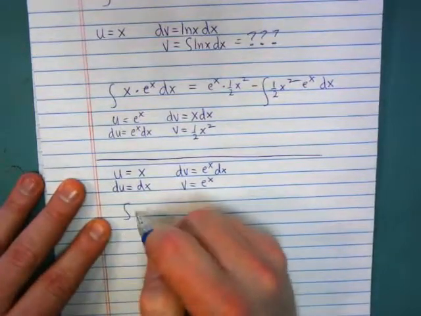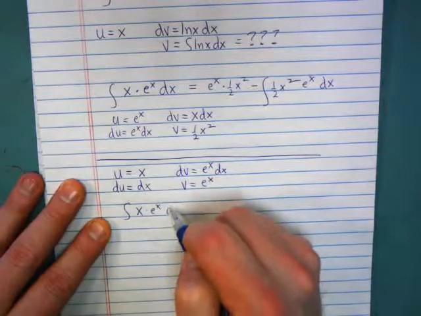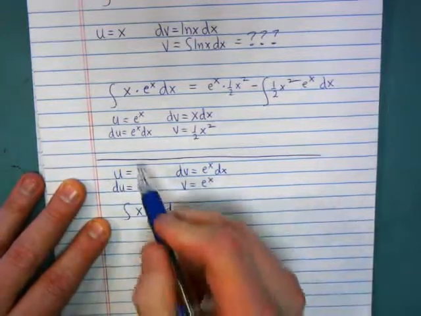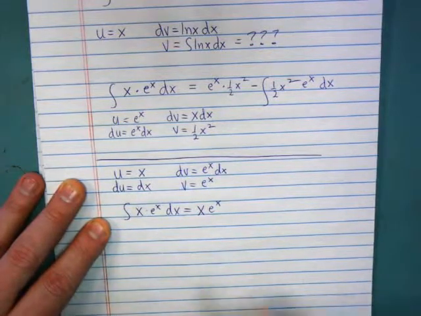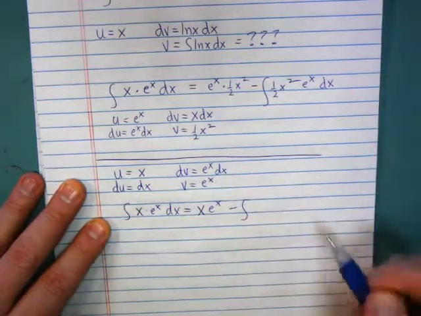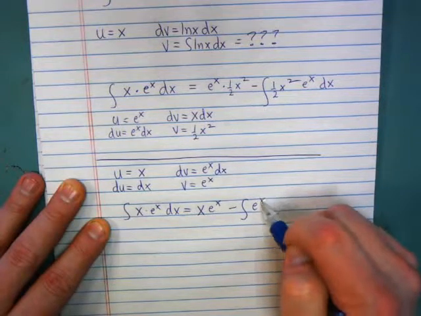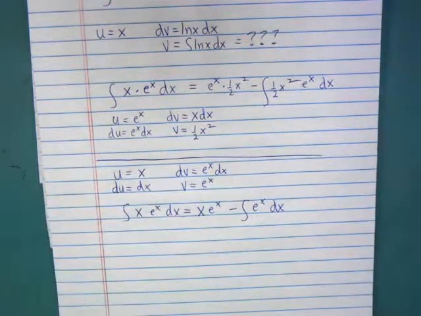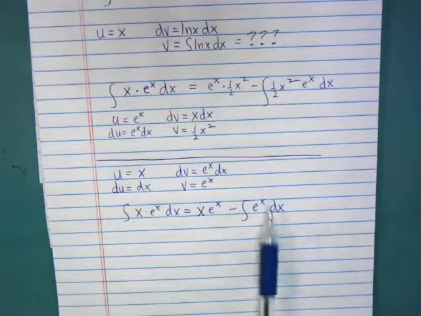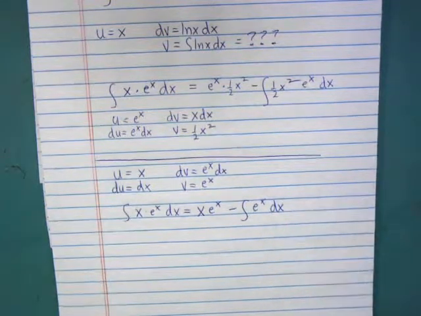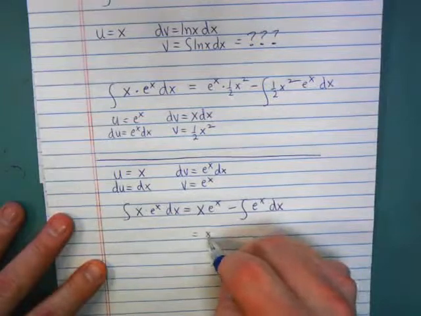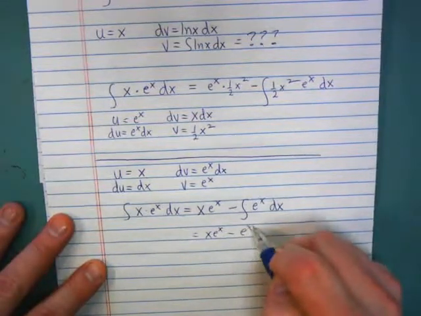So my integral, x times e to the x dx, becomes u times v. u times v this time is x e to the x, minus integral of v, which is e to the x. That looks much better, because now I have something I know how to do. What's the integral of e to the x? E to the x. So my final answer is x e to the x minus e to the x.